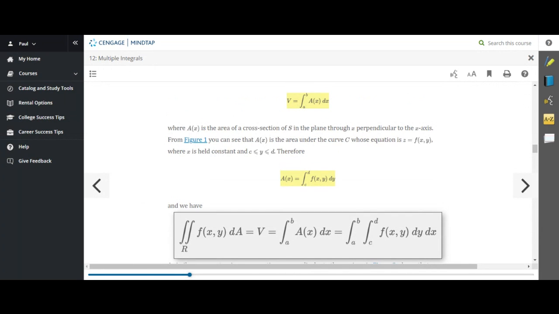So really, a double integral is based on going from the first formula there, the volume formula, to understanding that the cross-sectional area is equal to the integral from c to d of f of x y dy, and then substituting that area in the volume formula above to get what's highlighted here.